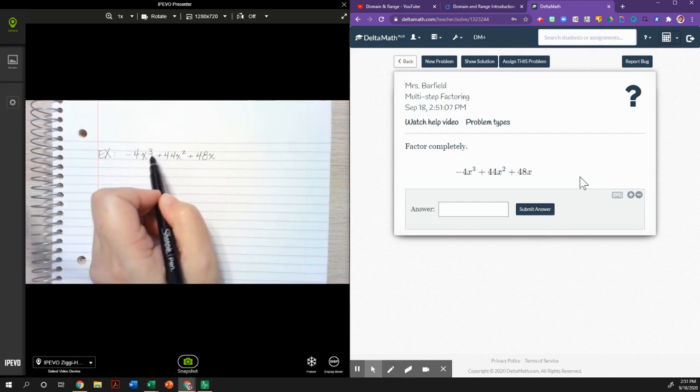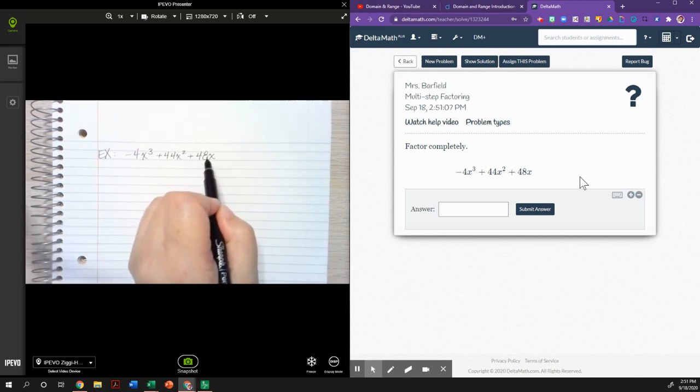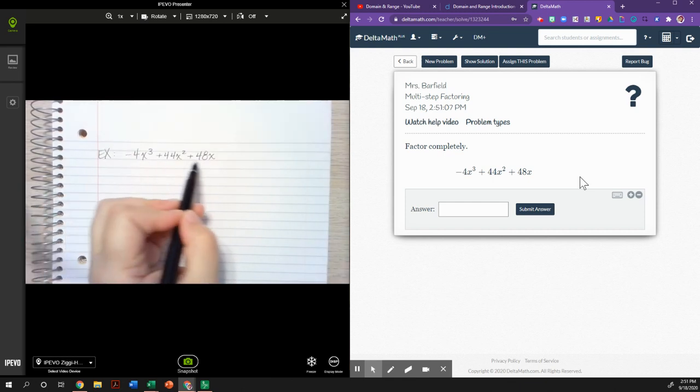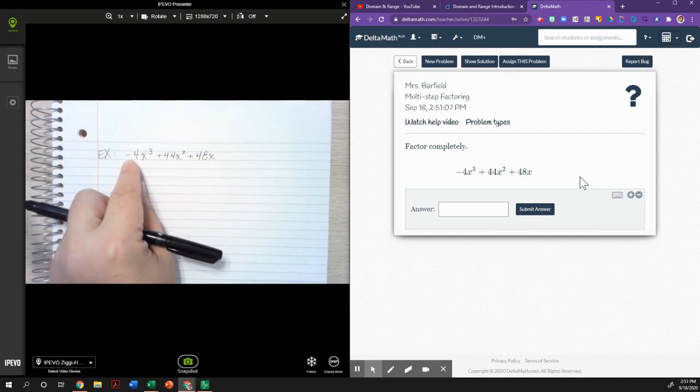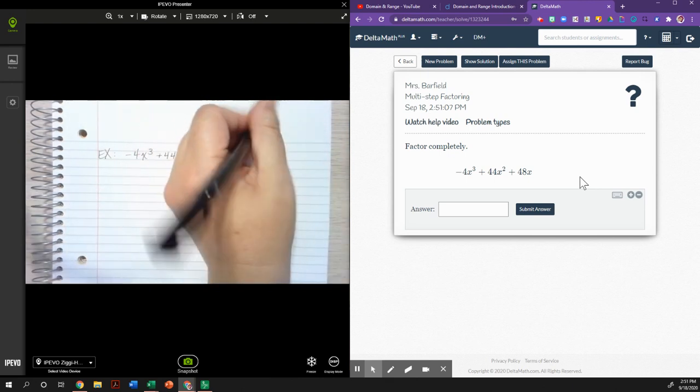Remember when you do the GCF of exponents, you take the smallest exponent. And all of these numbers are divisible by 2, but they are all divisible by 4, so you have to divide by the greatest common factor.